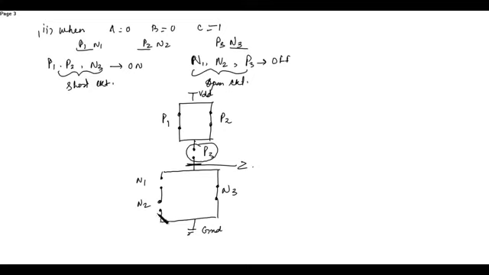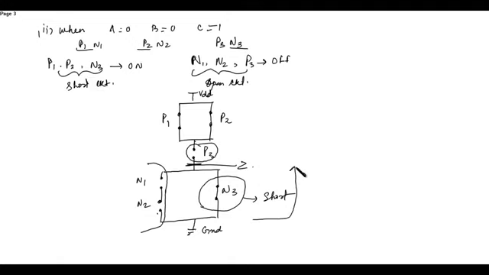Now N1 and N2 are open circuited, but N3 is short circuited. And this is a parallel connection. So even if this is open or short, this will not affect, since N3 is short circuited.